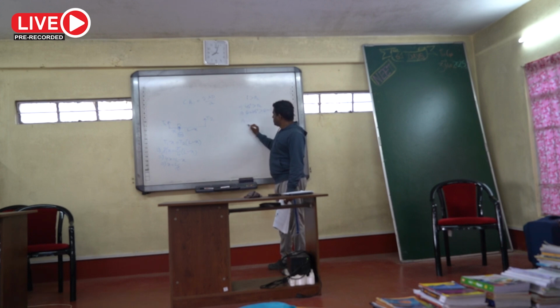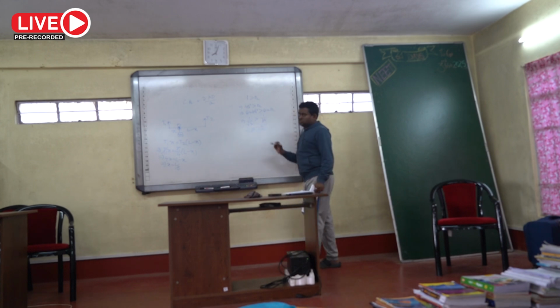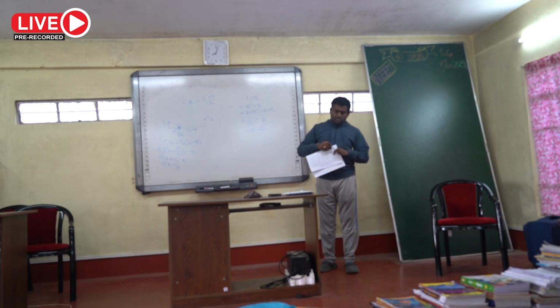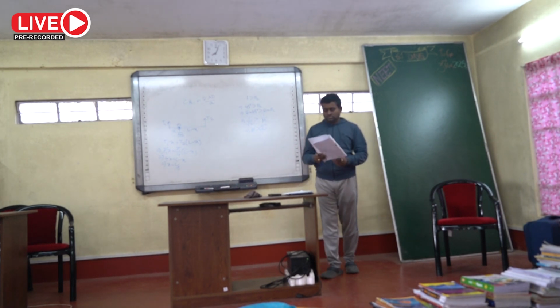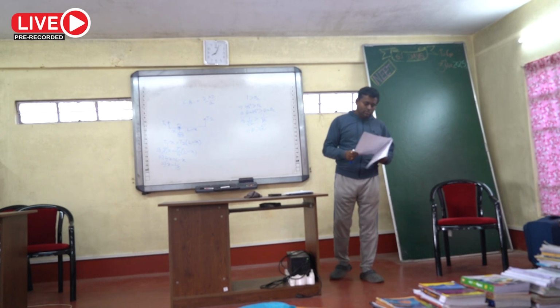Sin 45 means 1 by root 2 and sin theta c means 1 by mu. So mu greater than root 2.